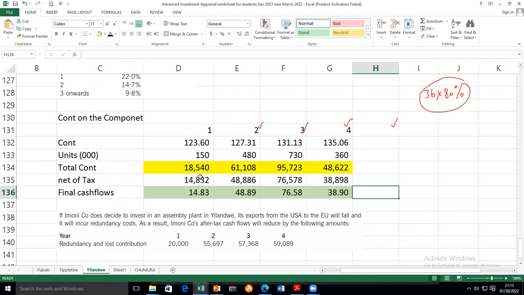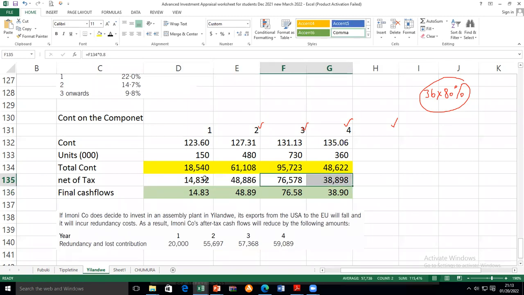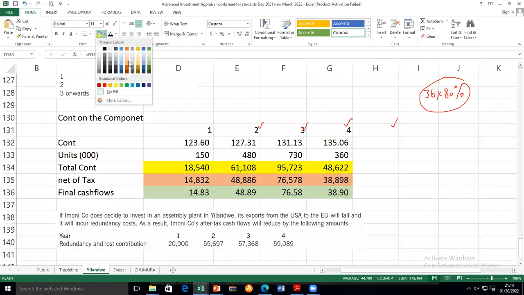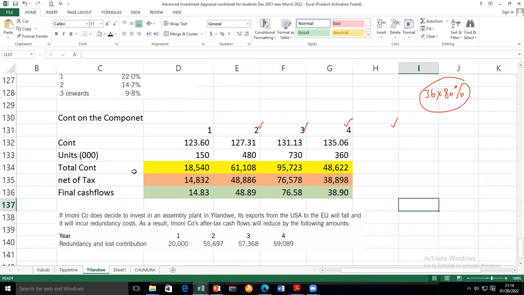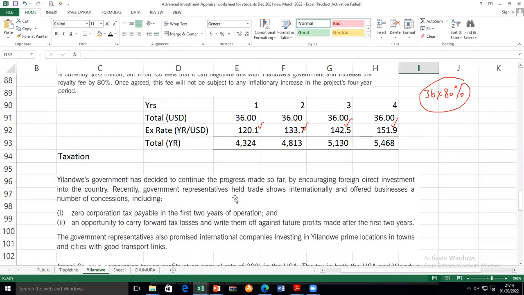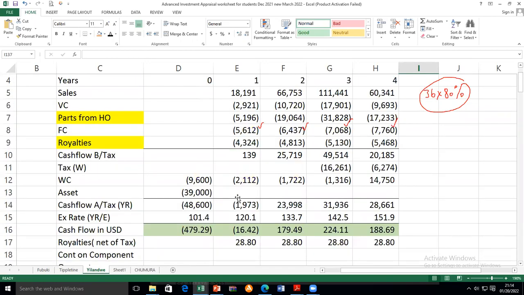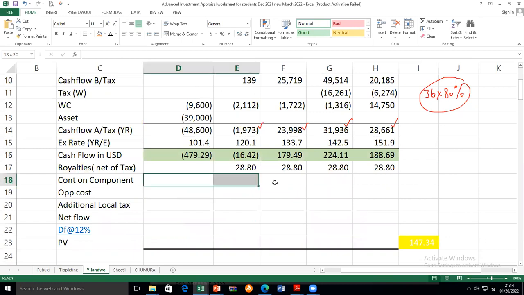So once you remove 20%, this is the figure that you have. Now remember, because of 3 zeros, I divided this by, so that is in millions. Because the figures are in millions, so I divided by the 3 zeros. 14.83, 48.897. So these are the final cash flows. These are the final cash flows here.